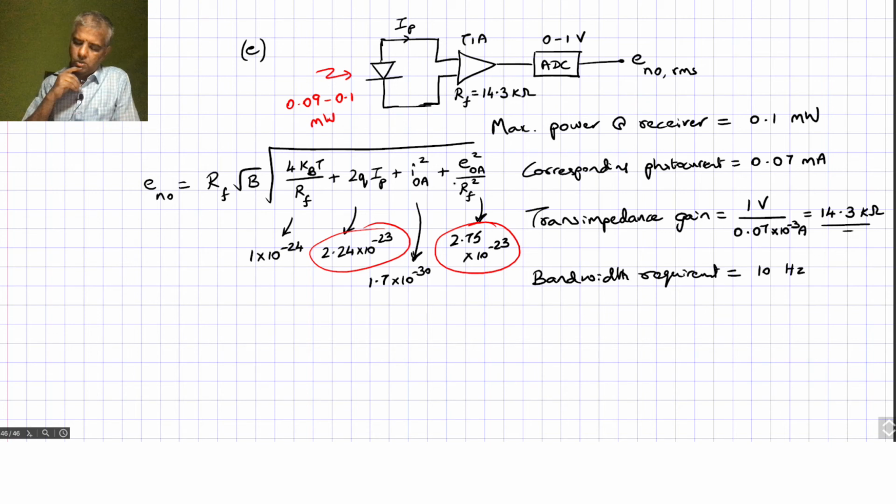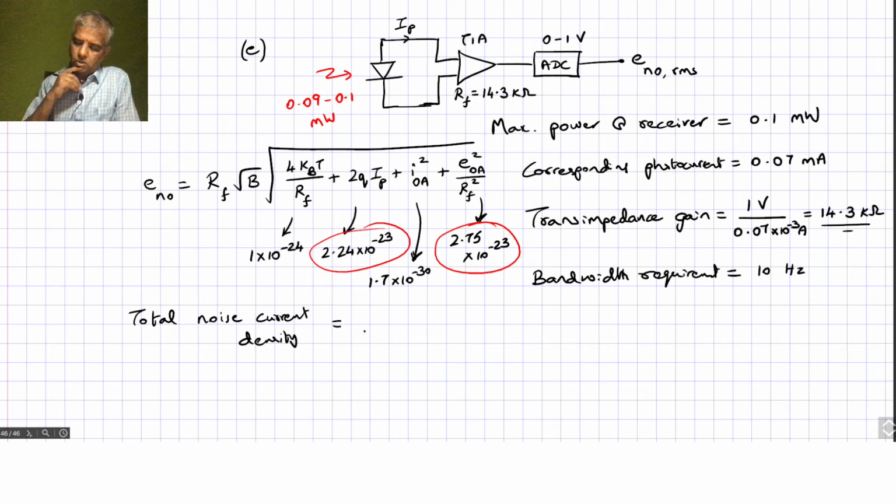So we can just say that the total noise current density that we have here corresponds to the square root of the addition of all these things.